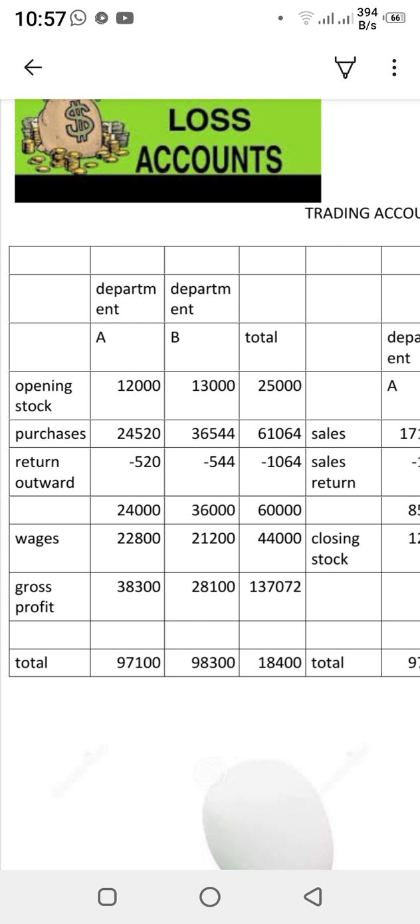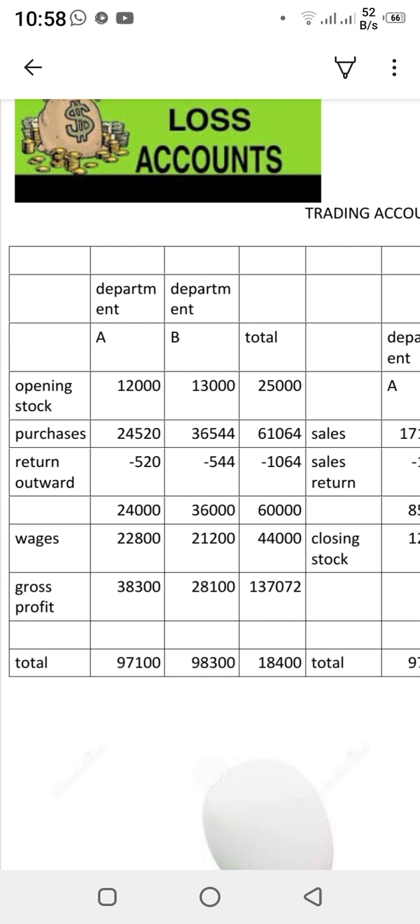Return outward, already discussed, but I mentioned that you have to write it in a bracket, but in my application it will appear in a minus form, but you have to write it in a bracket. You can see that return outward is appearing in the same column. We didn't write it in any separate column, so you will have to do the same.